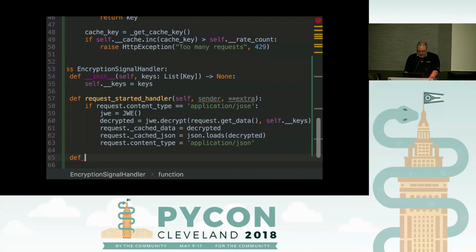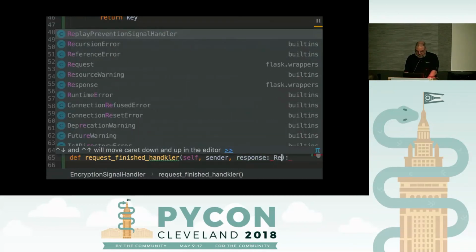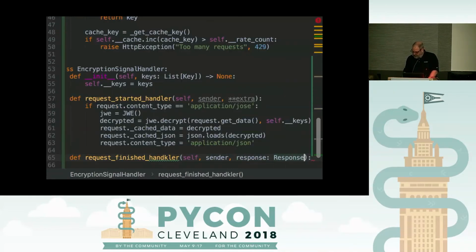The other thing we need to do is we need a request finished handler. This gets different stuff, I believe. Yes. So we get self. We get sender, of course. We get response. And we get extra.